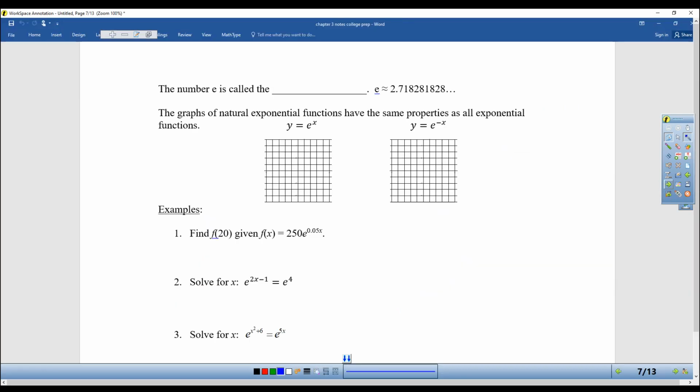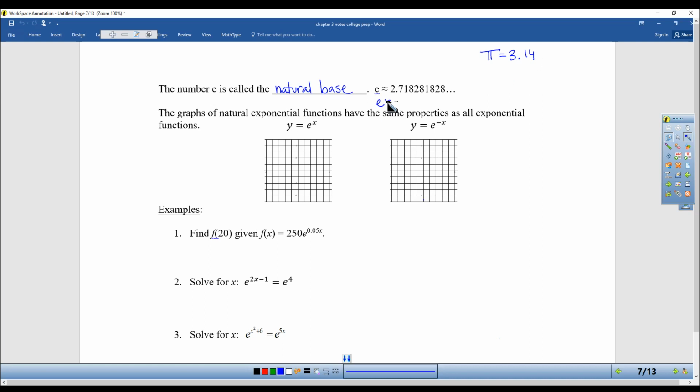The number e is called the natural base. It's actually used a ton in math and science as you get older, so it's something that you're going to want to become familiar with. It does have an approximate value, similar to pi having an approximate value of 3.14.